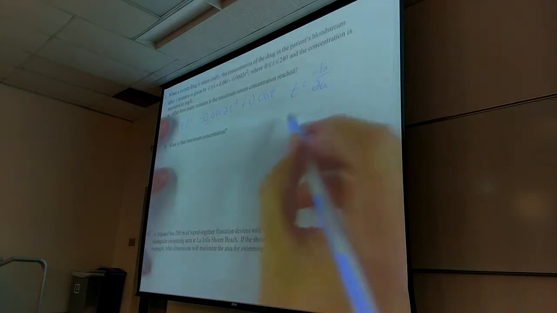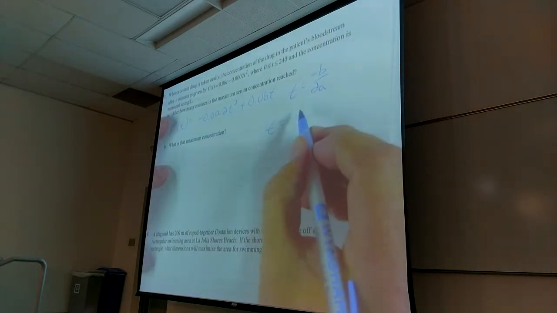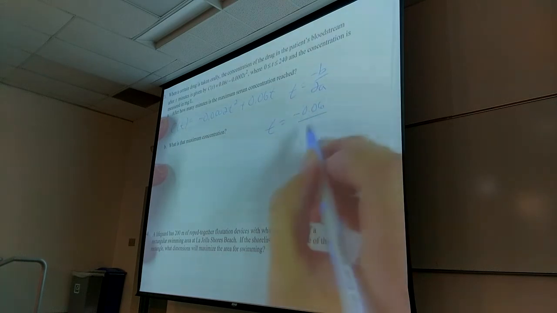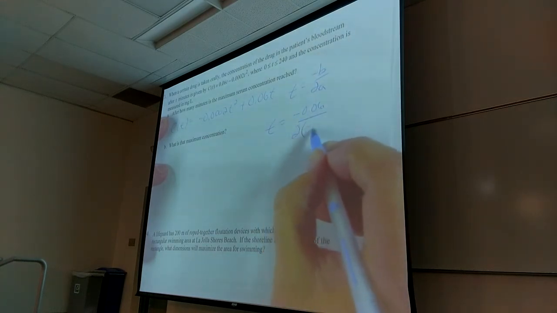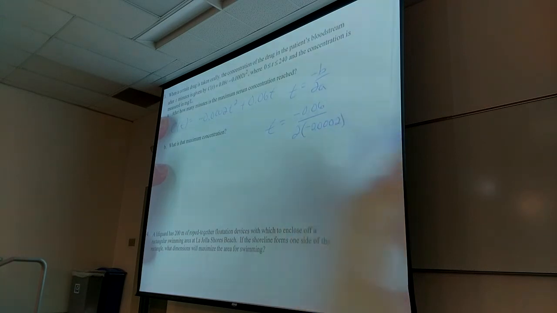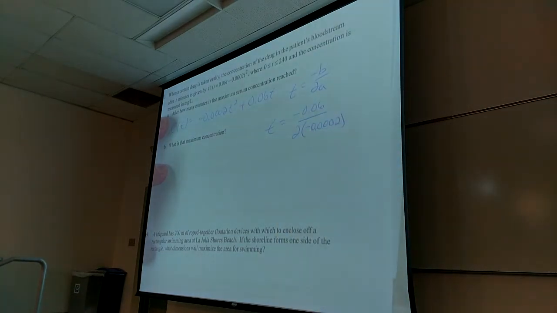What do you guys get? So it'd be negative what? Over twice negative 0.0002. It's 150.